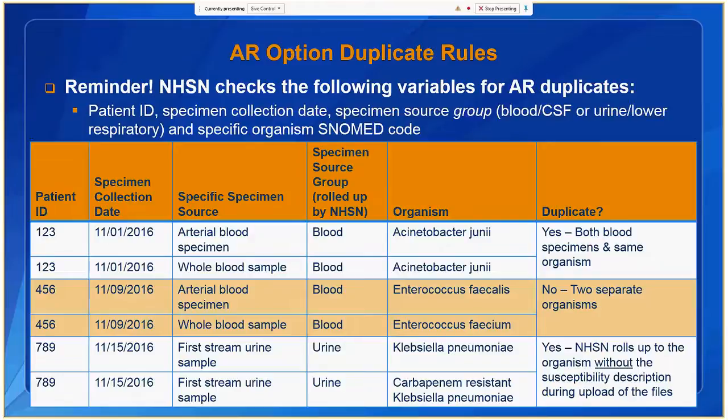It's important to note that for these new organisms added to NHSN that have the susceptibility description in the organism name, like carbapenem-resistant Klebsiella pneumoniae, those will be rolled up by NHSN to the organism without the susceptibility description. So when you upload that into NHSN, it will automatically roll that up to a Klebsiella pneumoniae, and therefore that will be considered a duplicate.